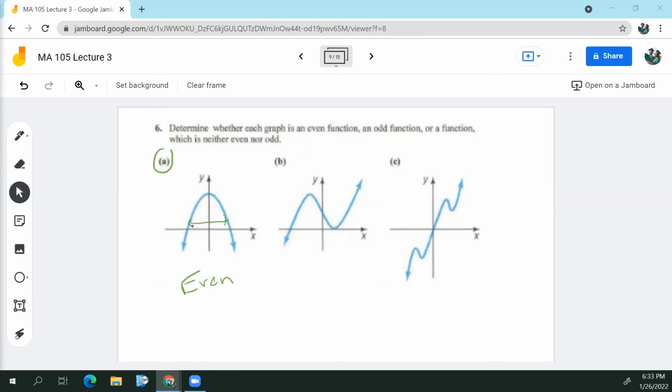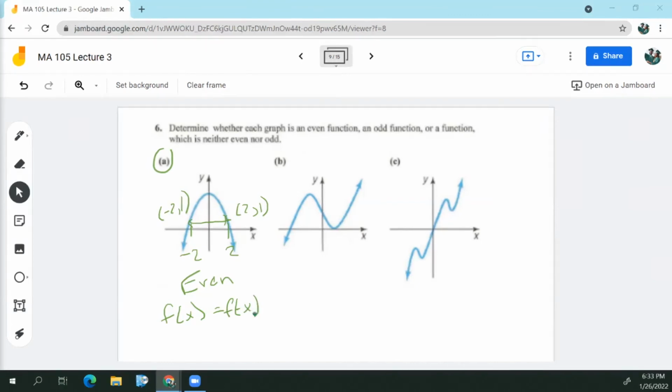For example, let's say this was 2, and let's say this was -2. They both yield the same value, say 1. So this would be 2, 1 over here and -2, 1 over here. It yields the same value. Technically, that means f of x is equal to f of -x.